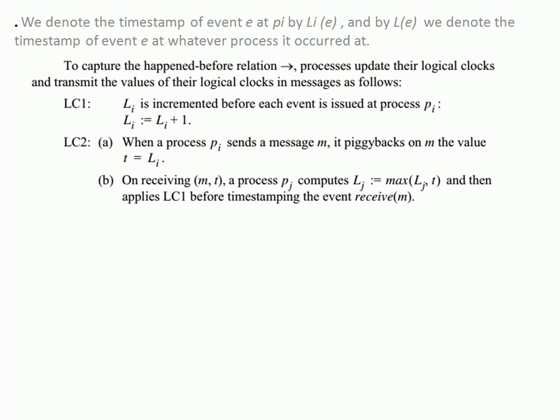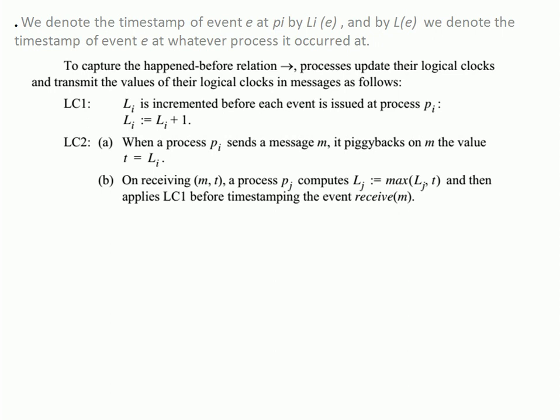These are the rules of logical clocks. LC1: Li is set to Li plus 1 in the process. The logical clock increments its value by 1, meaning a counter set in the process increments its value by 1 at each step. LC2: when a process Pi sends a message M, it piggybacks on M the value t equal to Li.